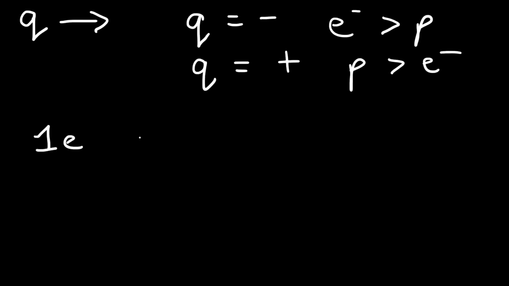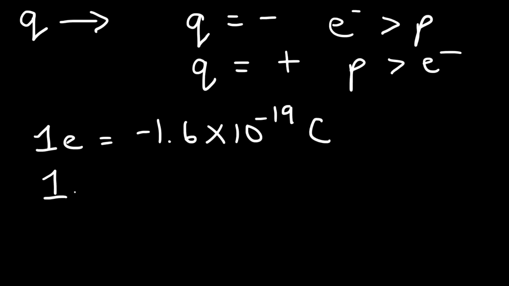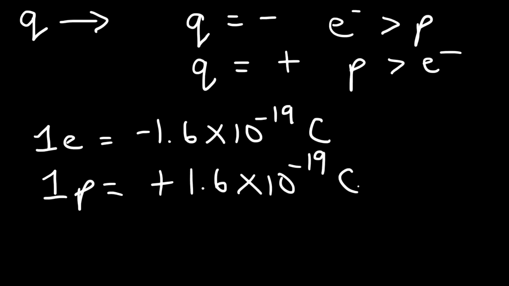The charge of one electron is equal to negative 1.6 times 10 to the negative 19 coulombs. The charge of one proton is positive 1.6 times 10 to the negative 19 coulombs. So let's say if we have a charge of positive 100 microcoulombs.